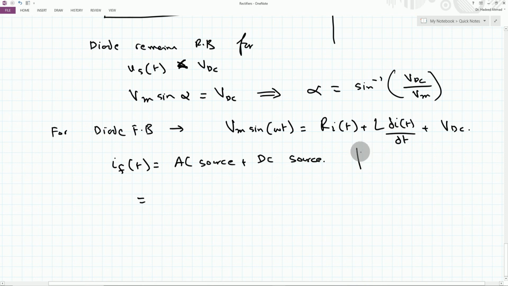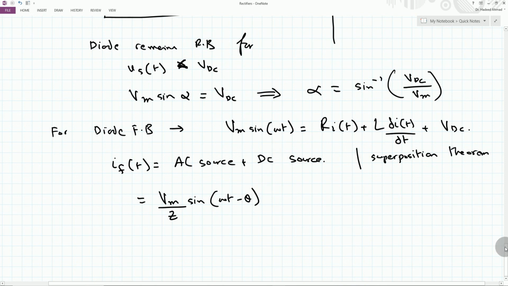But let us say we go with the superposition theorem, where we short circuit the AC or the DC voltage sources, and by applying each source at a time, we get the values of the independent responses against those sources, and then we add them together to get a cumulative response. So this is equal to Vm over Z sine(omega t minus theta).